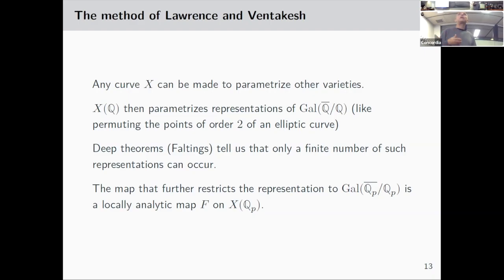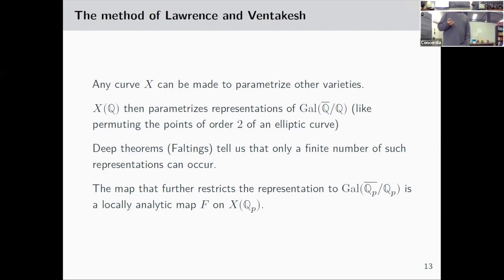Somehow that's the really starting point for associating representations to varieties, but it gets much more complicated than that. And then really deep theorems, like theorems of Faltings that were used to prove Mordell's conjecture, tell us that once you see what type of varieties you get there, you can say that there's only a finite number of such representations that can occur. The reason this is not so effective is that the number is finite, but it's huge.